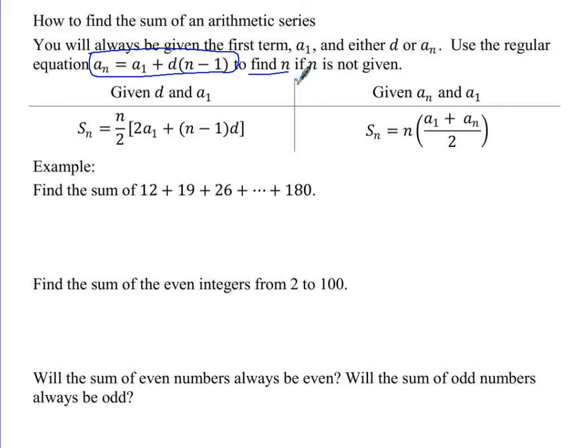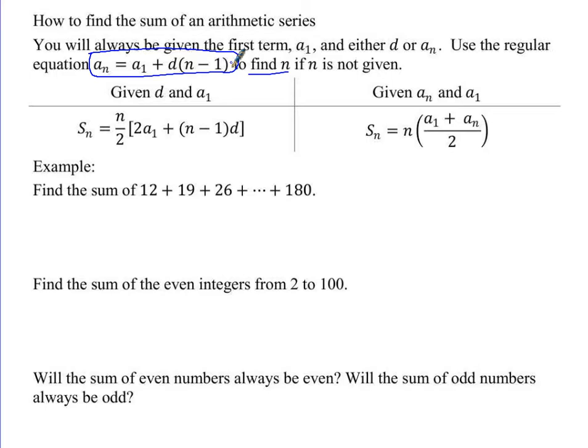So if you are given in the problem the common difference and the first term, and that's it, then you can find the sum of all the terms, and that's what this is representing. The sum of the 10 terms, or whatever, is equal to the number of terms divided by 2 times 2 times the first term plus n minus 1 times d. Or you could write d times n minus 1 like we normally write up here.